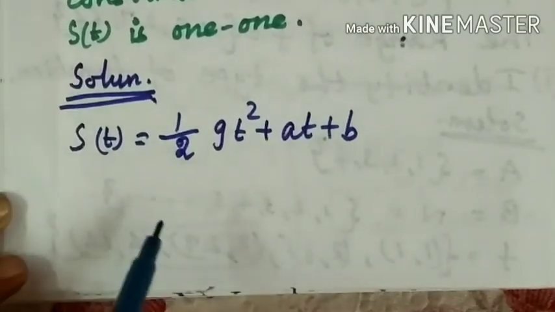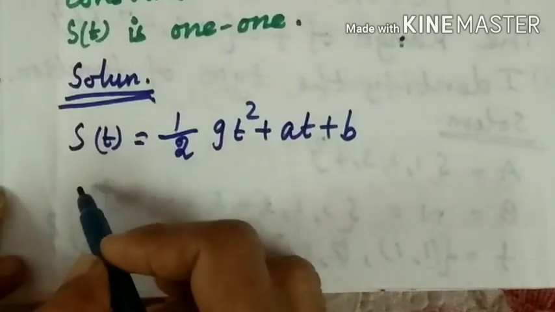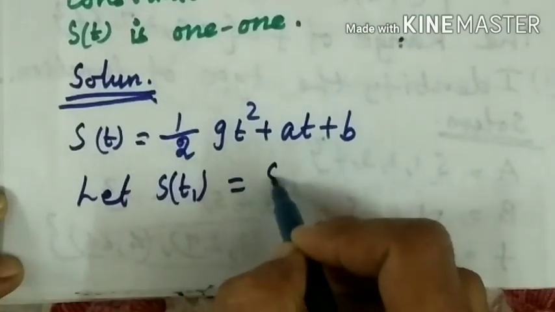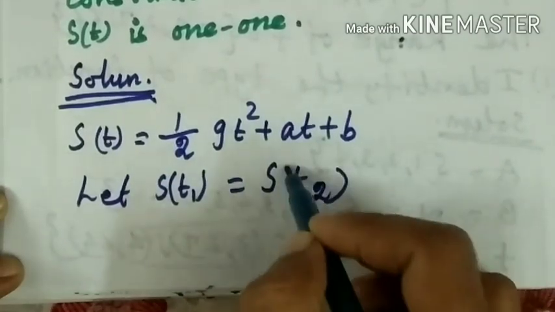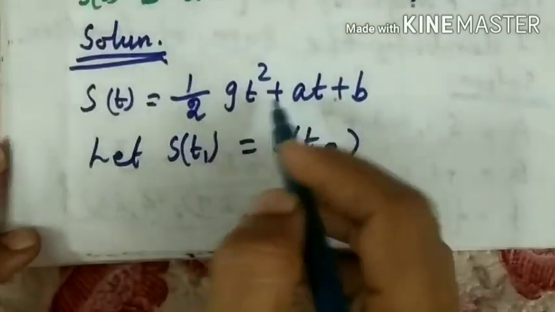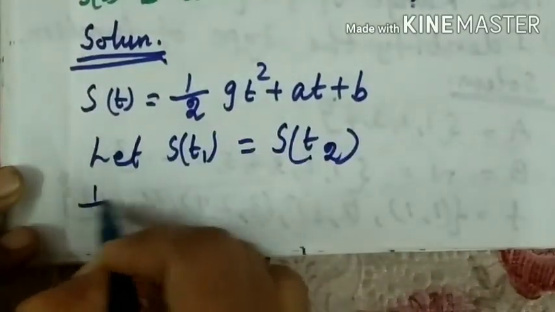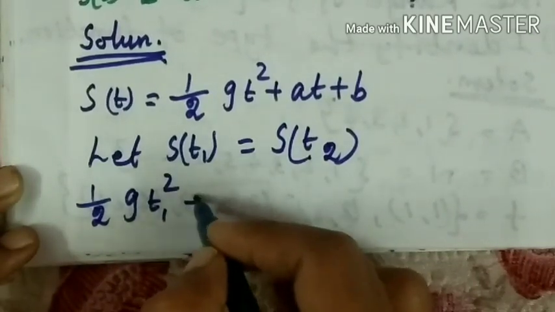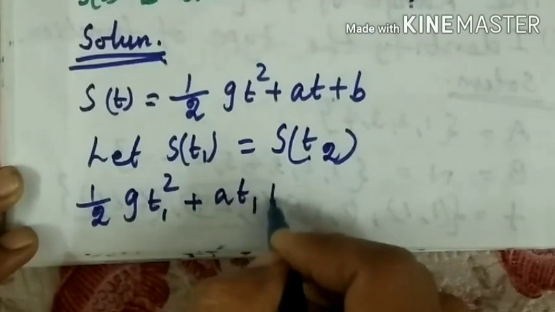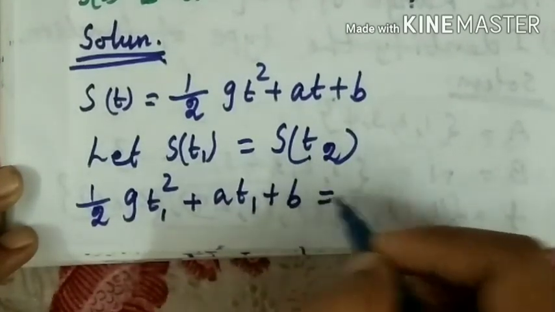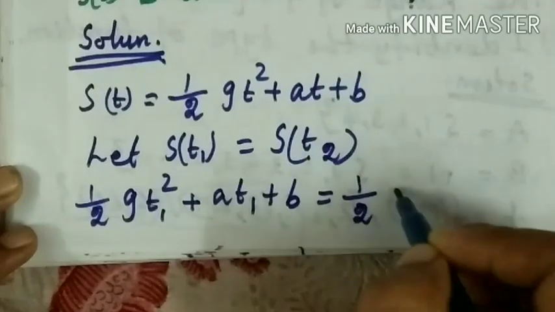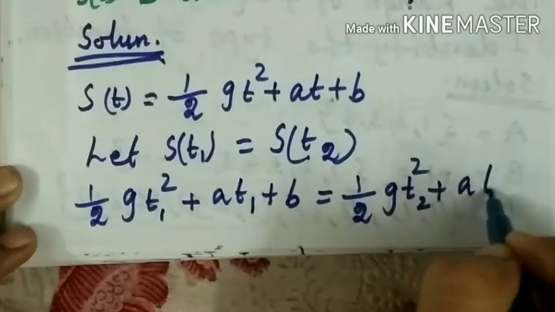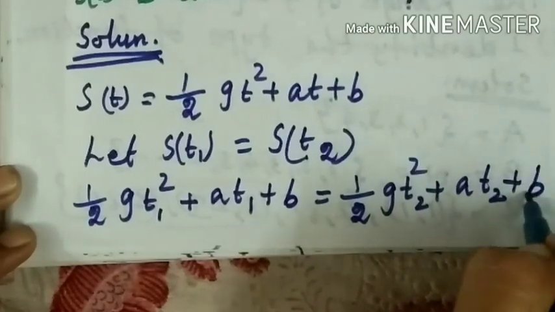By the second definition of a 1-1 function, let us assume s of t1 equal to s of t2. Then write the given function: 1 by 2 g t1 squared plus a t1 plus b equal to 1 by 2 g t2 squared plus a t2 plus b.